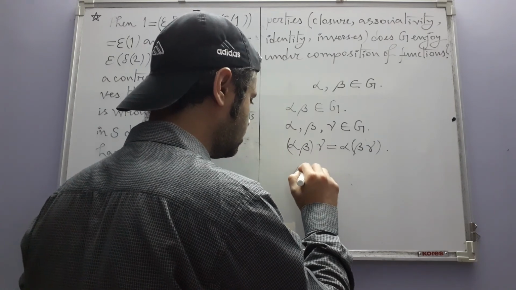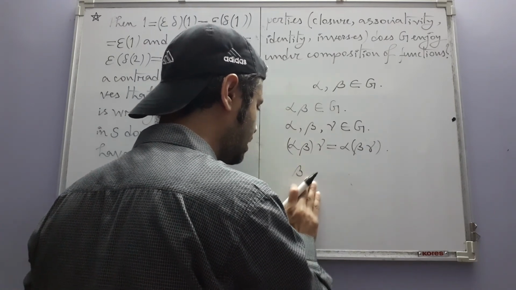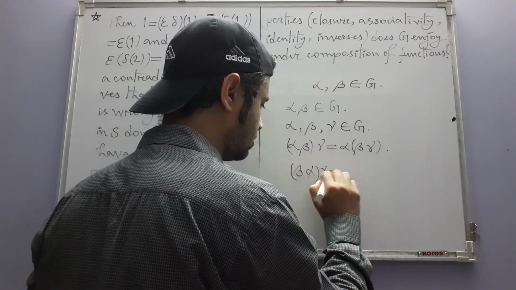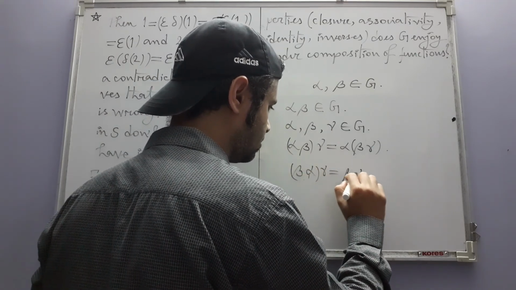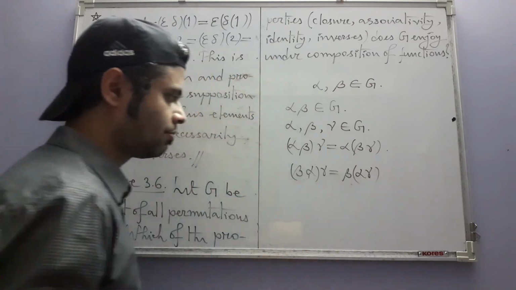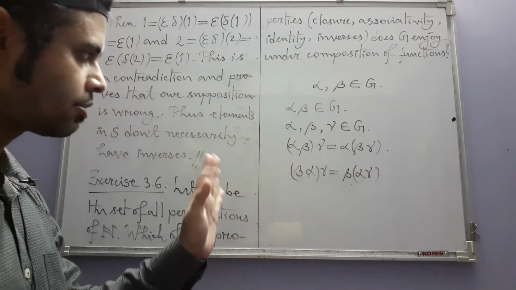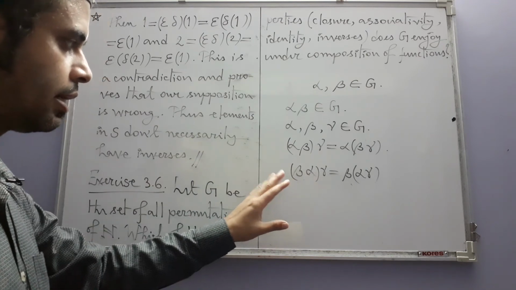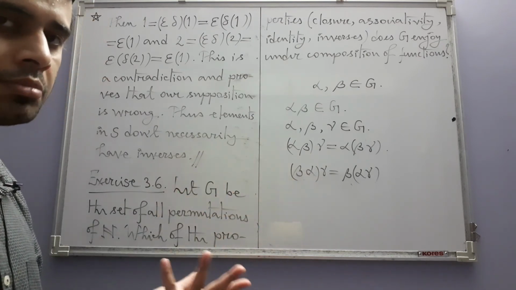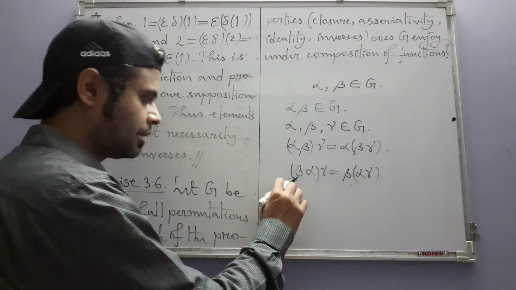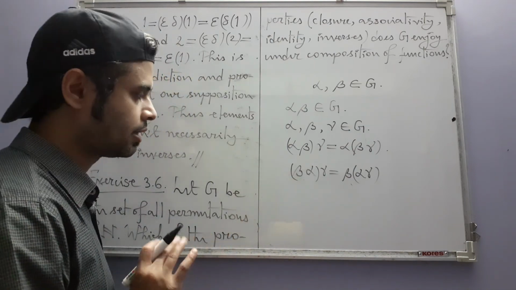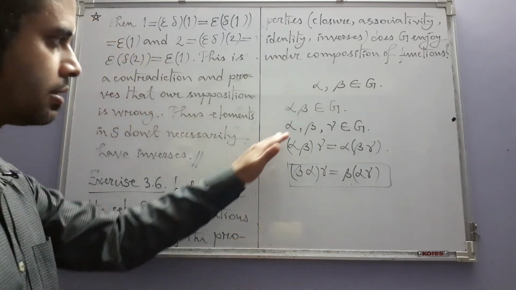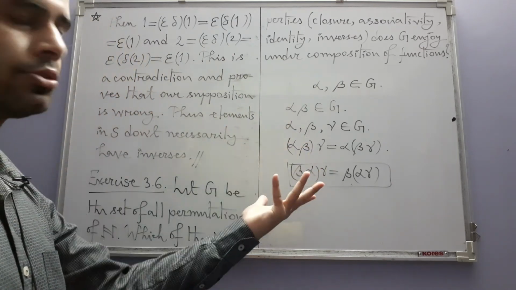You can form beta, alpha, gamma and write the associative law like this. These two things are not the same thing. The moment you change the order, that potentially becomes something different, but you can form the products. That's what I am saying. Anyway, the point here is that the associative law is also true in G.